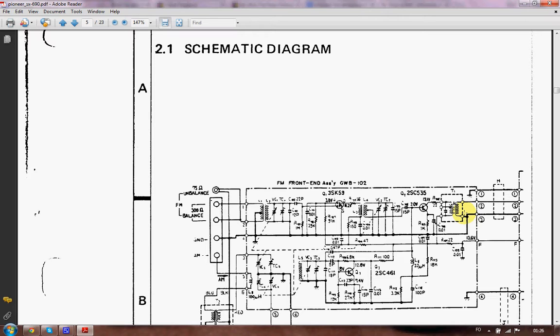Of course you want to evaluate the beginning of your problem and what the problem actually is. Now for example, if I had a blown channel, let's say only the right channel was working, then I would be looking in the diagram after where it splits, there you have two inputs from the FM.